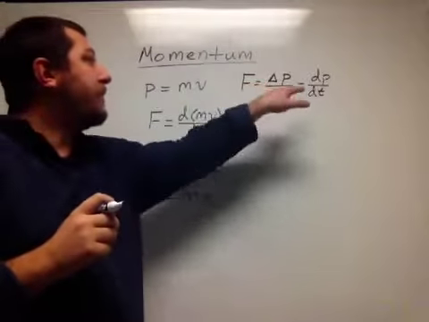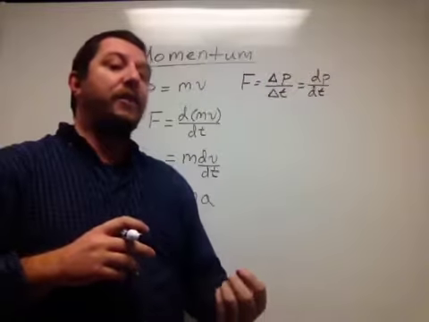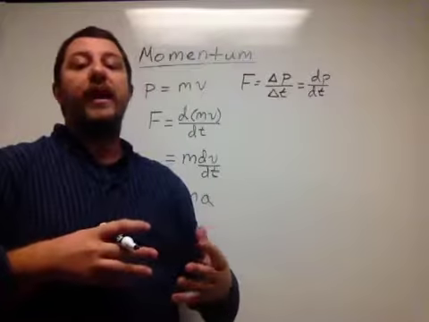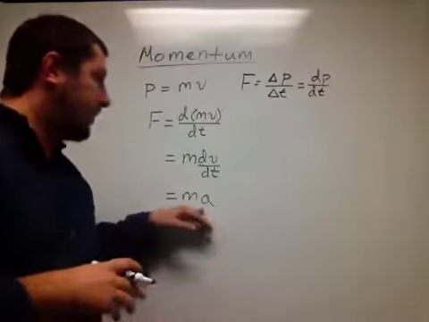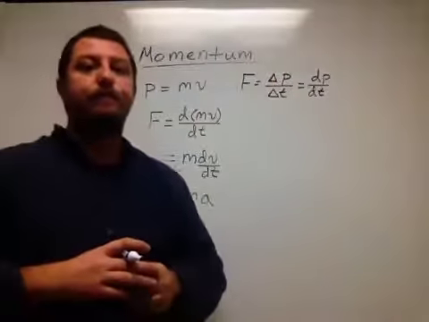Okay, so F is equal to dp/dt, and this is actually more what Newton actually wrote down as opposed to just ma. This is the more general case.